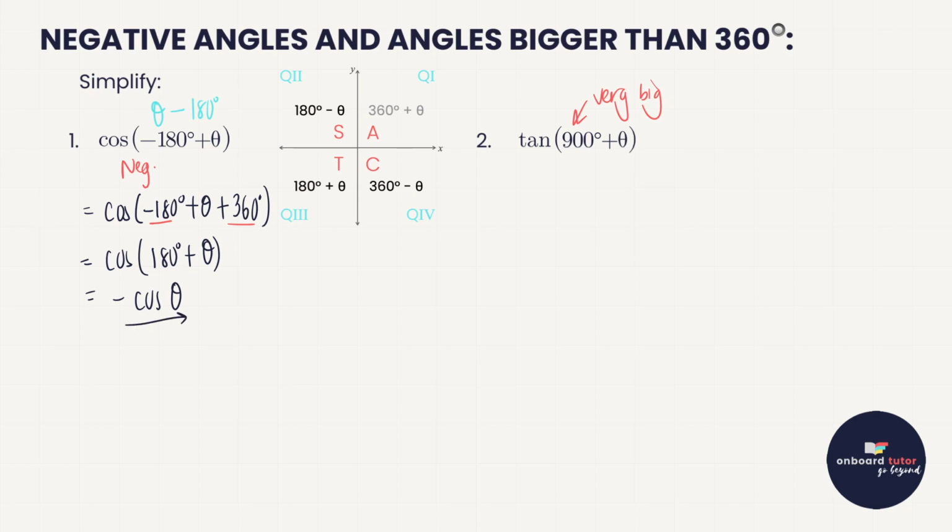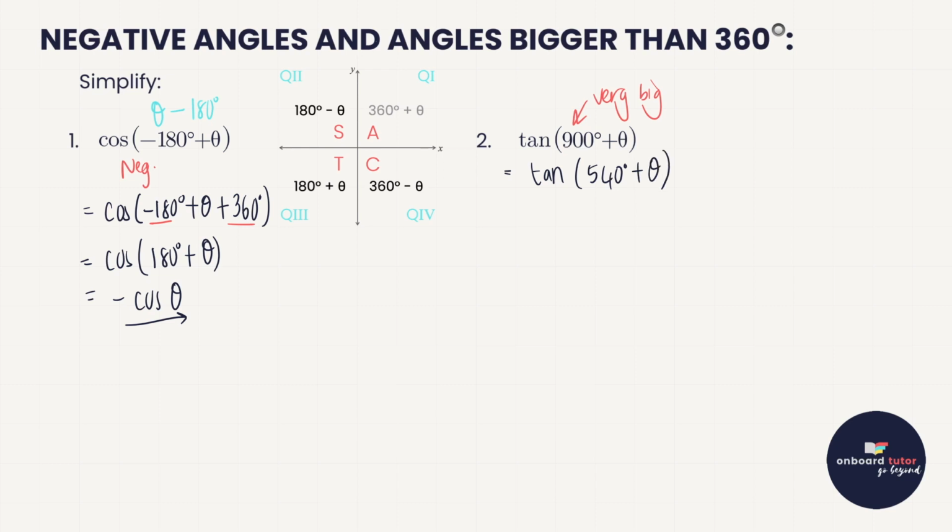Okay, and in the same way, this tan of 900, now I'm sitting with something very big. So I actually want to work backwards and minus 360, and let's see where we end up there. So we're going to say 900 minus 360, and we end up there at 540. So we can rewrite this then as tan of 540 plus theta.